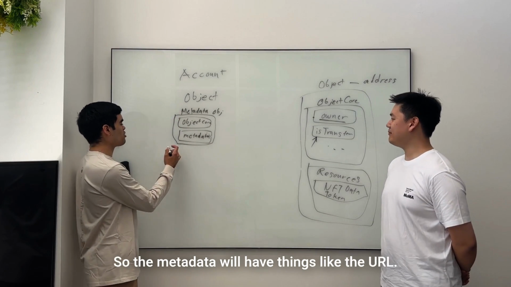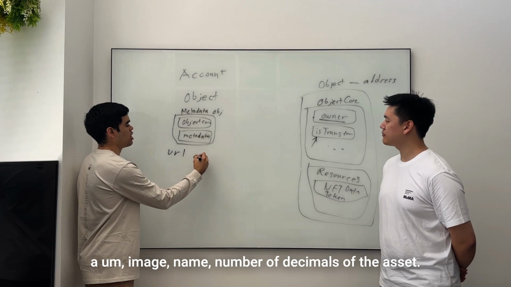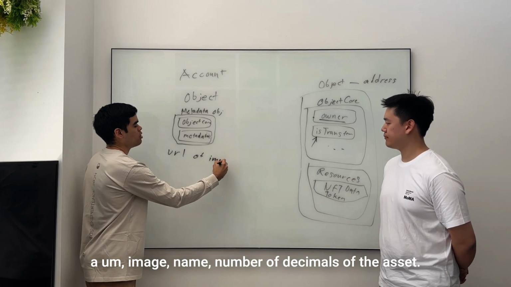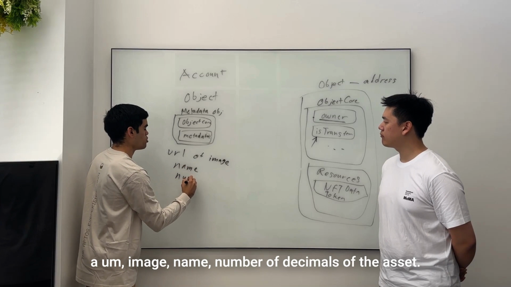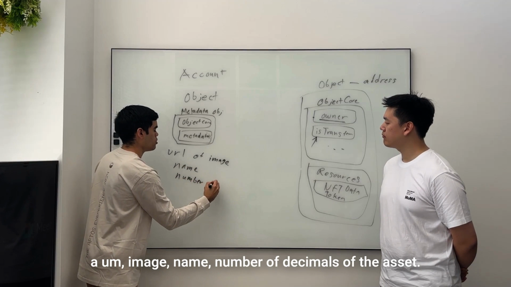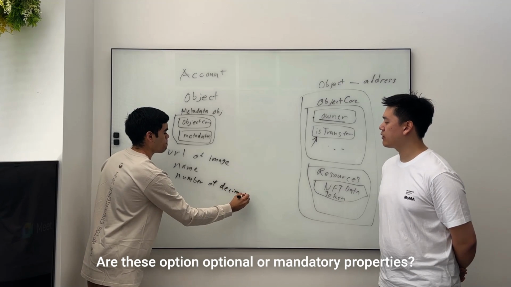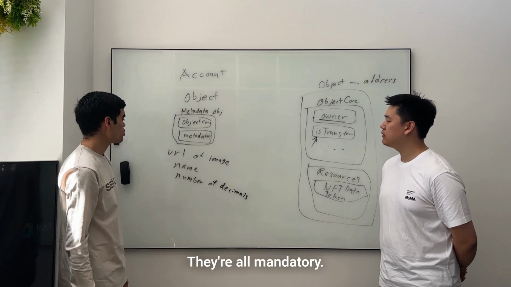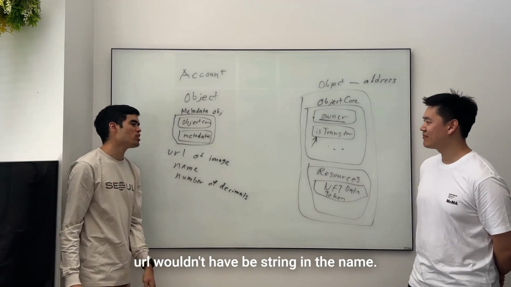So the metadata will have things like the URL of the image, name, number of decimals of the asset. Are these optional or mandatory properties? They're all mandatory. I mean, you can put an empty string in the URL, put an empty string in the name.